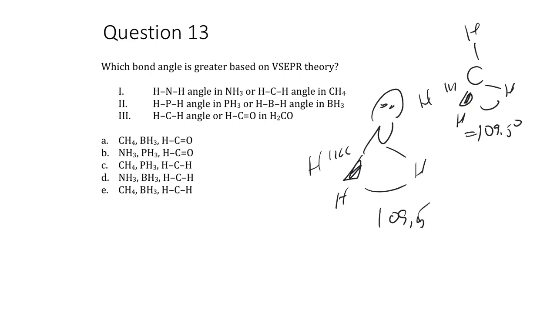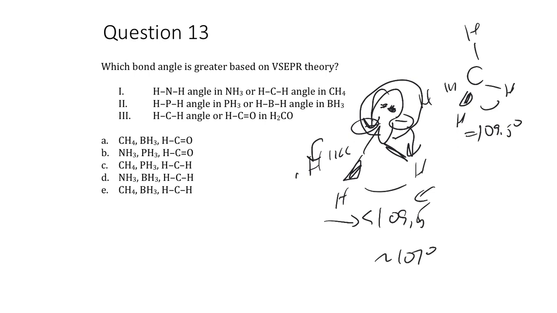But these electron pairs are closer to the nucleus of N, making them bigger, and making this bond pair longer and more spread out. So the lone pair electrons, being negatively charged and closer to the nucleus, repel the bonding pair electrons more, so the bonds get closer together and are slightly less than 109.5 degrees. It turns out it's about 107 degrees in ammonia. So the CH bond angle in CH4 is bigger than those angles in NH3.